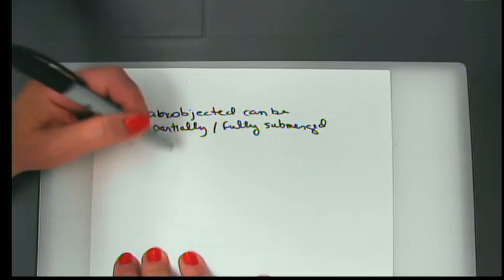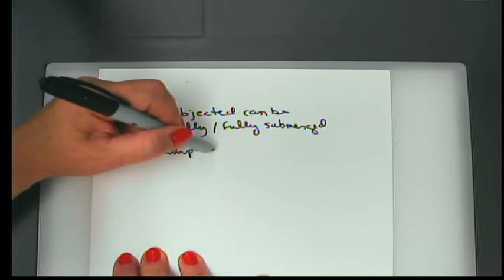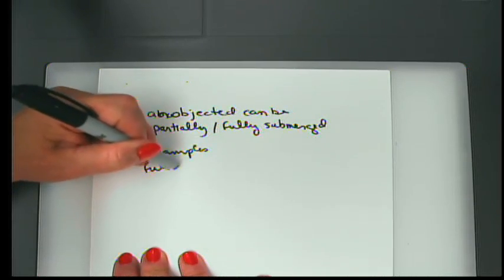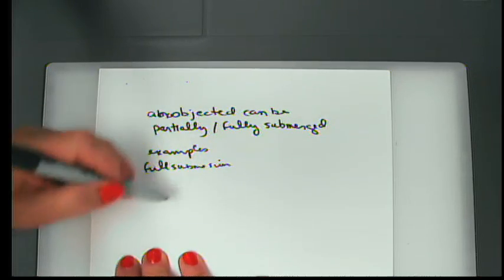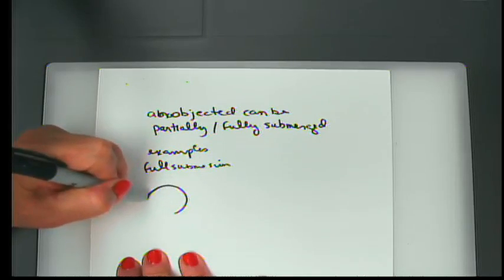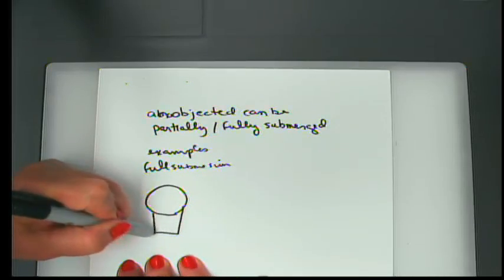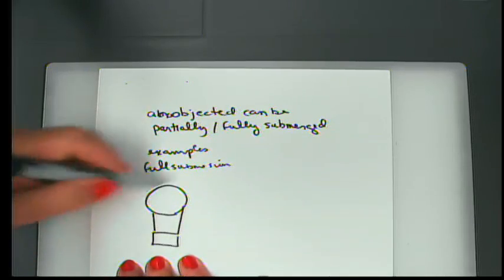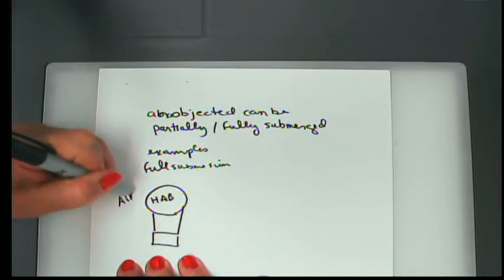So some examples of full submersion might be a hot air balloon. Well, it's kind of a strange thought, but a hot air balloon is fully submerged in the surrounding air.